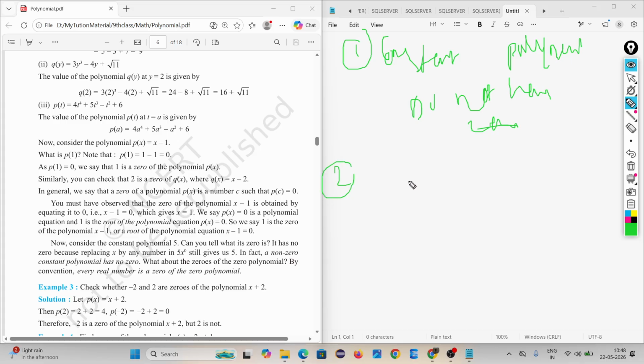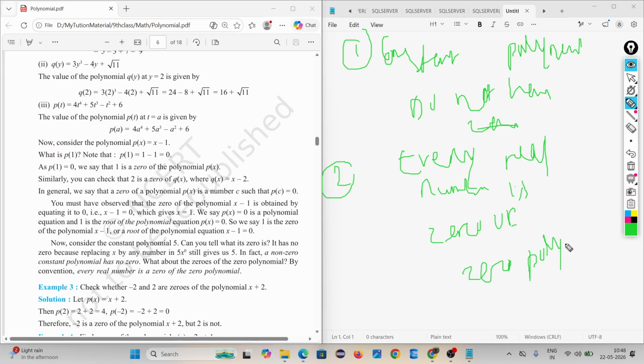Then second thing, every real number is a zero of the zero polynomial. If you count 1, 1 is a zero of the zero polynomial. 2 is a zero of the zero polynomial. 3 is a zero of the zero polynomial. Root 3 is also a zero of the zero polynomial.